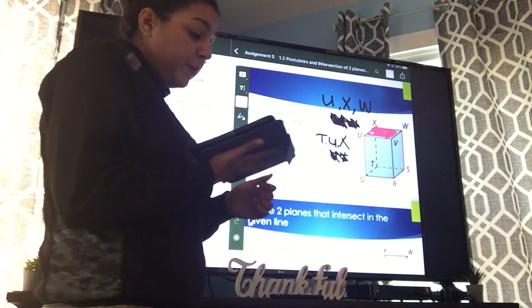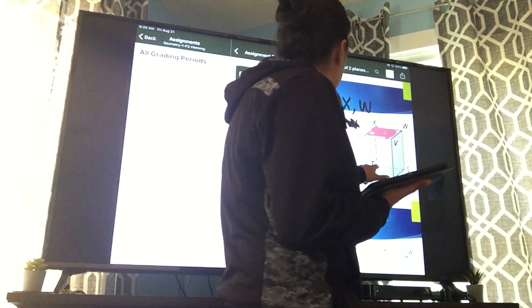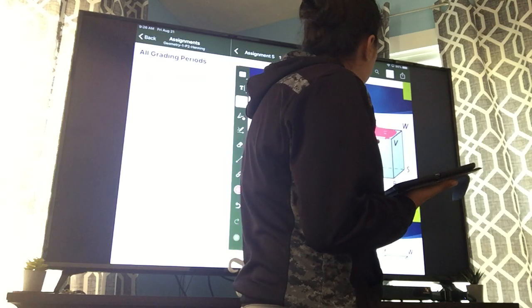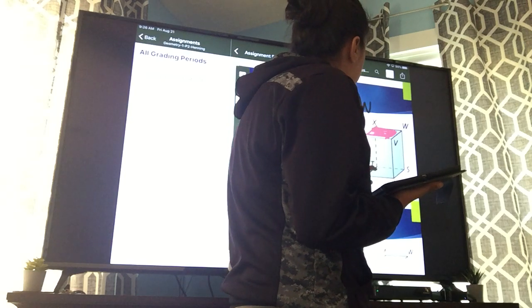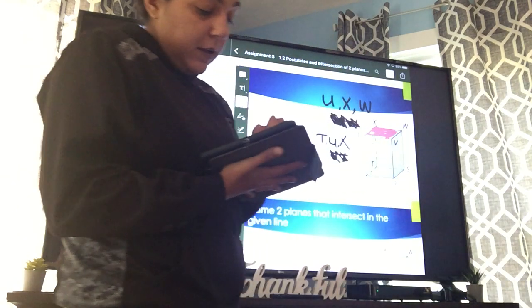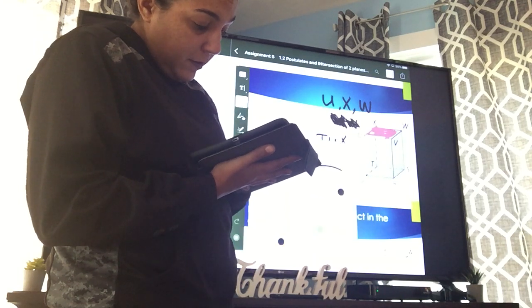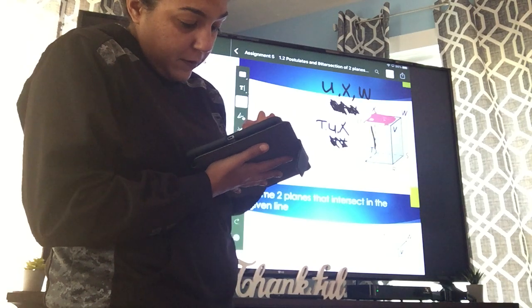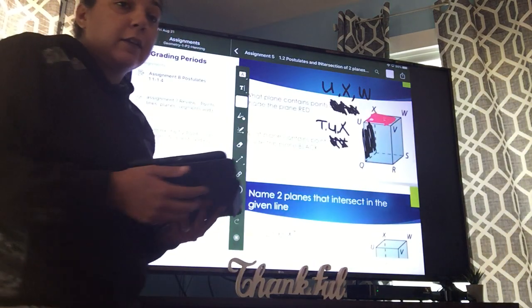And it says what plane contains the points T, U, and X. So if we follow that along, U, X, and then T, that's going to be this back side of the plane, and we're going to shade that one black. So that side is going to be shaded black.